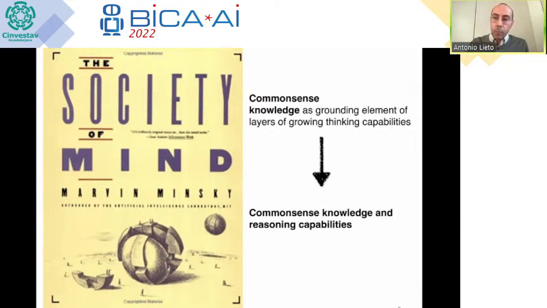It is important to point out the preliminary work by Marvin Minsky, who already pointed out how solving the problem of common sense knowledge and common sense reasoning can really mean dealing with and solving the issues concerning the connection between perception and high-level reasoning within a unique general agent.